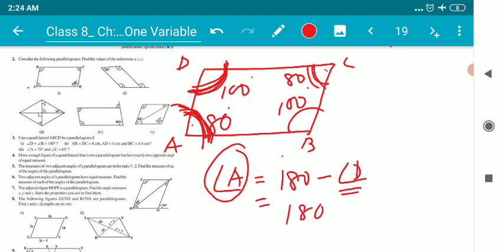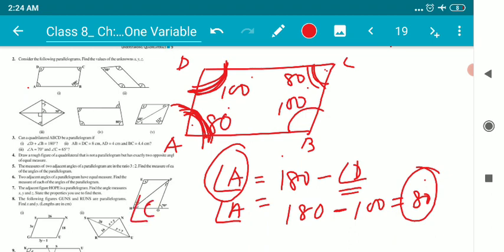So 180 minus the measure of angle D, which is 100 degree, results in 80 degree. So children, as angle A is 80 degree, naturally the measure of angle C will also be 80 degree, because we know that opposite angles are always equal in a parallelogram.